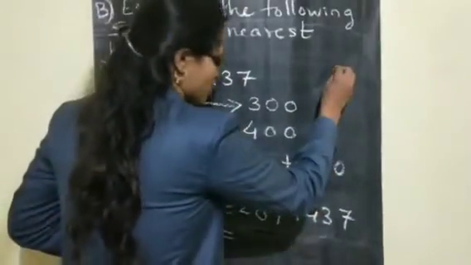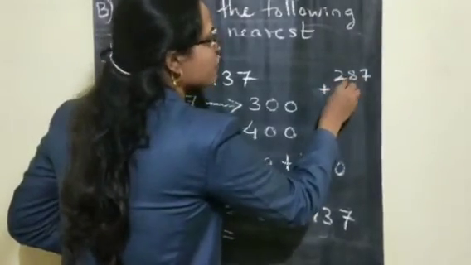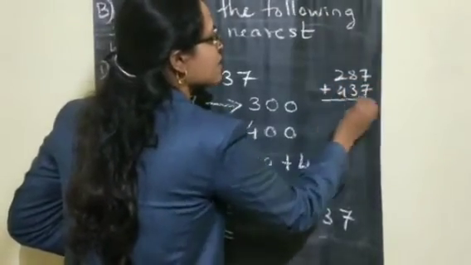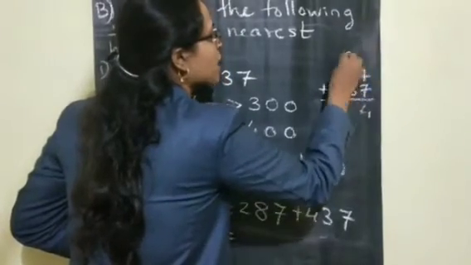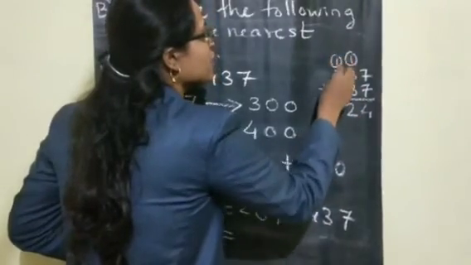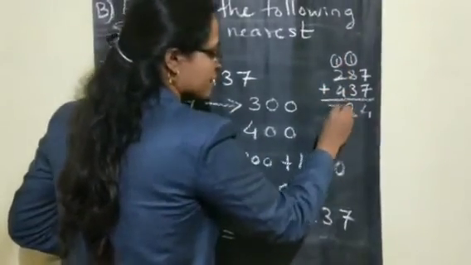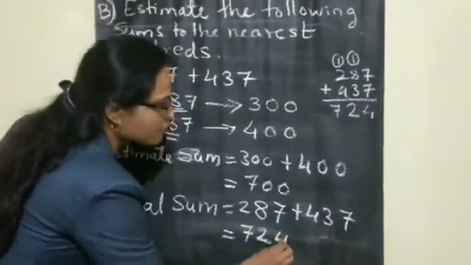Okay, so 287 plus 437. 7 plus 7 is 14. Carry 1. 8 plus 1 is 9, 10, 11, 12. Carry 1. 4 plus 2 is 6, plus 1 is 7. So the answer here you are getting is 724.